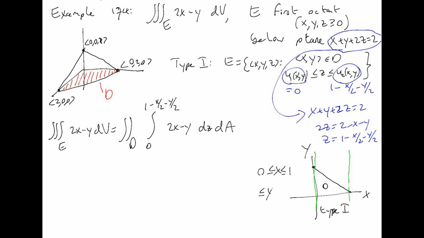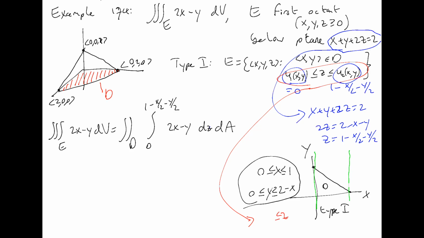Well, that's between this bottom curve, which is 0, and the top curve, which is 2 minus x. Let me write this over here as well: z is between 0 and 1 minus x over 2 minus y over 2.